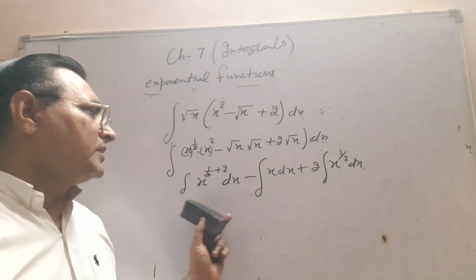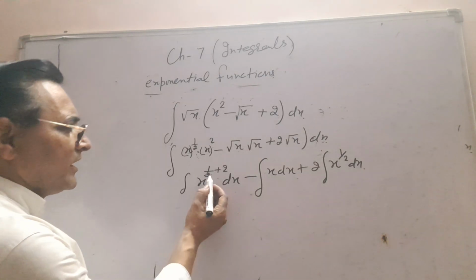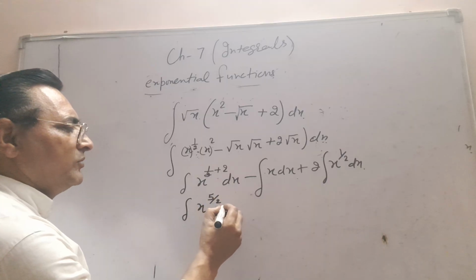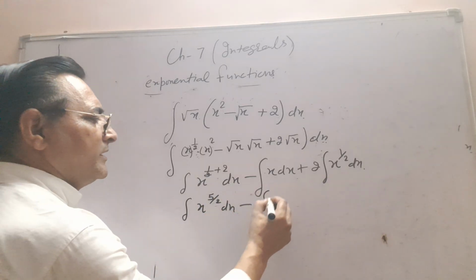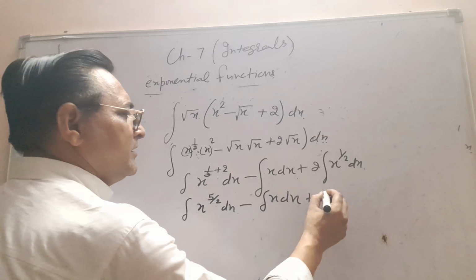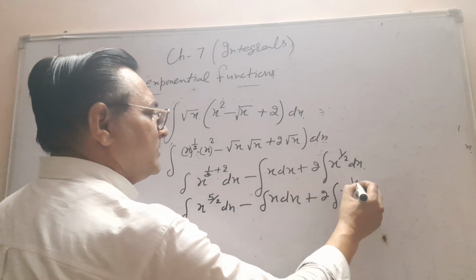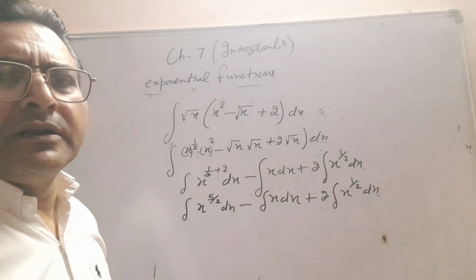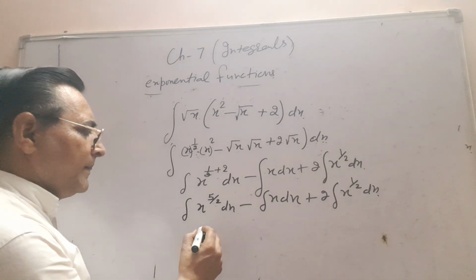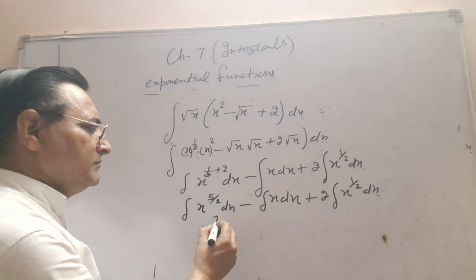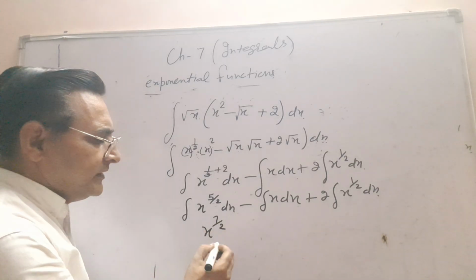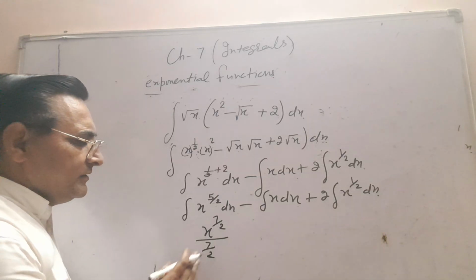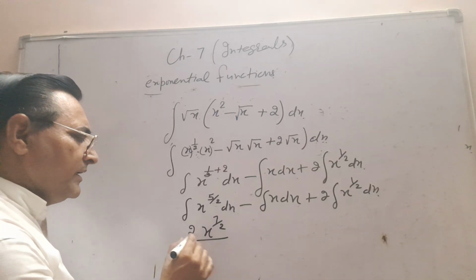Now all the terms are of the same formula. We can write here x power 5 by 2 dx minus x dx plus 2 times x power 1 by 2 dx. Now all these terms are of the type x power n. Do the integration. x power 5 by 2 plus 1 will be 7 by 2, and if 7 by 2 is in the denominator, we can write it as 2 by 7.